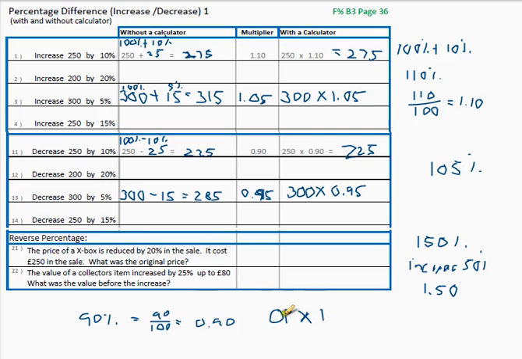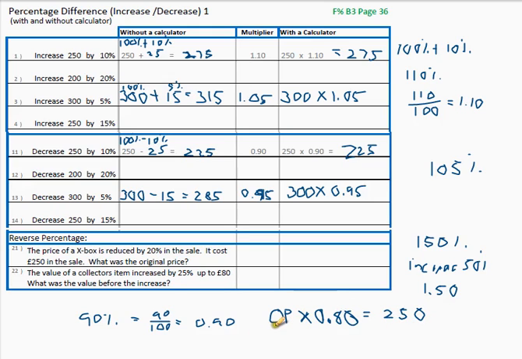If we had the original price, we would have decreased by 20%. In other words, 100 take away 20, which is 80%. In other words, 0.80. Yeah, original price times 0.80, and that gives me the new reduced price of 250.